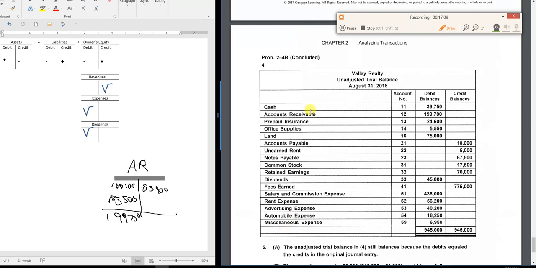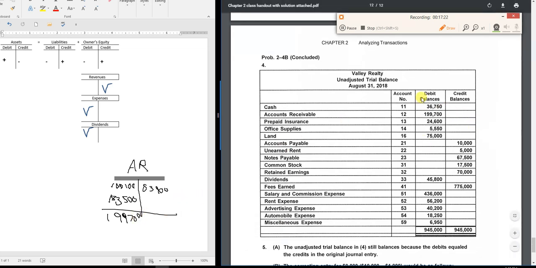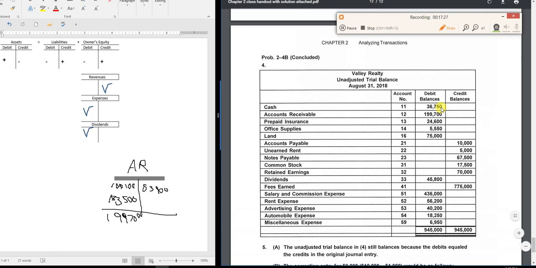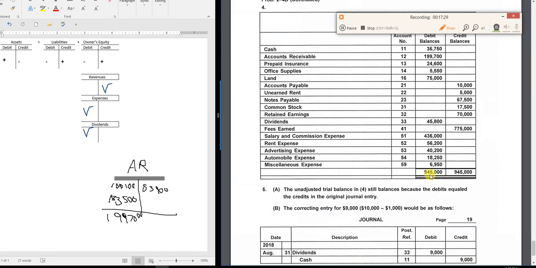Sometimes you'll add accounts because I'll buy something. Let's say I pay an expense that I didn't have up there. So if I pay insurance expense, I would have to add that account. But these are simply the balances. So look, 199,700, 199,700, and look at your cash. You have 36,750.